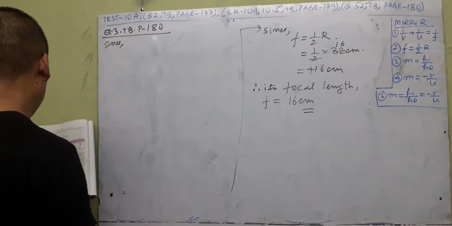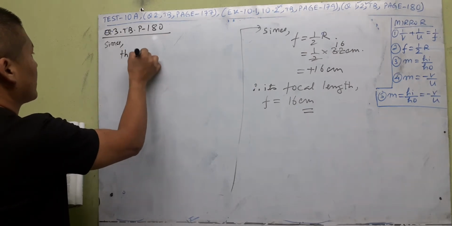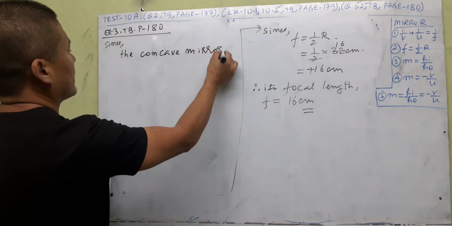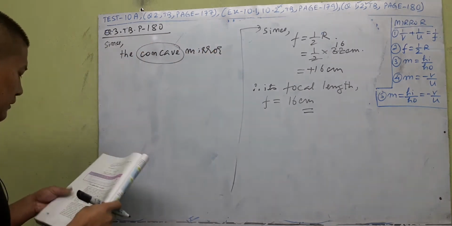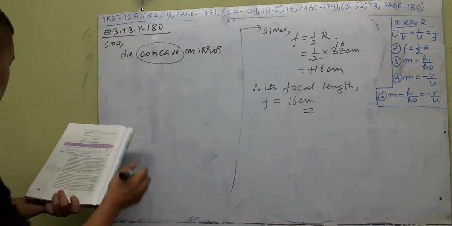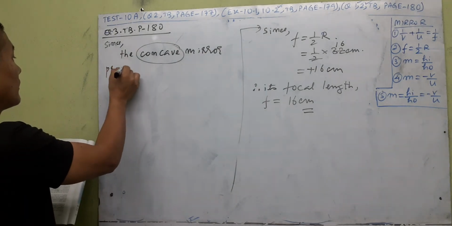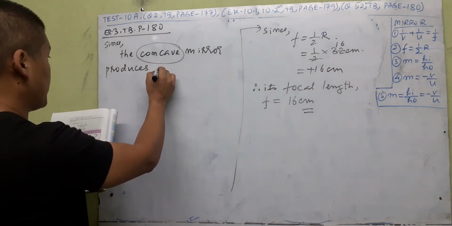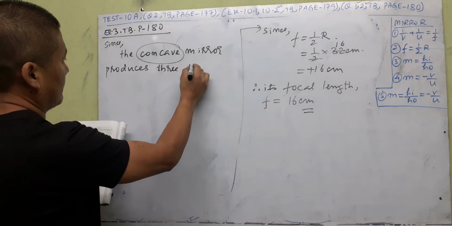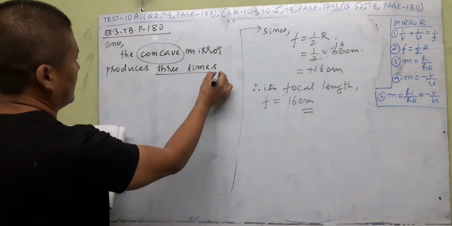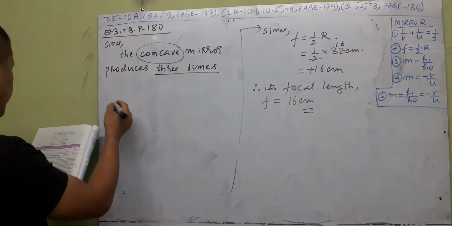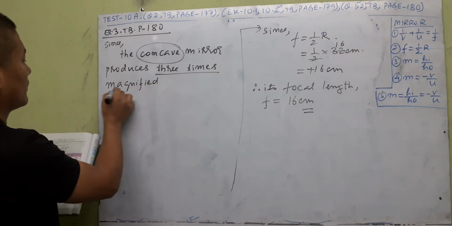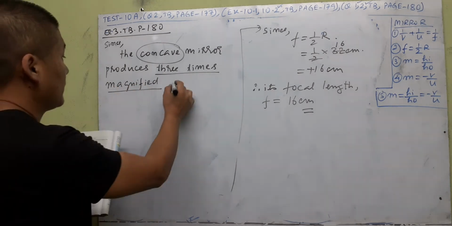Since the concave mirror, very clearly it's concave, round it off if you want, so that we don't forget, produces 3 times, very important word again, 3 times, underline it if you want, 3 times magnified, that's enough, magnified or enlarged is the same, real image.